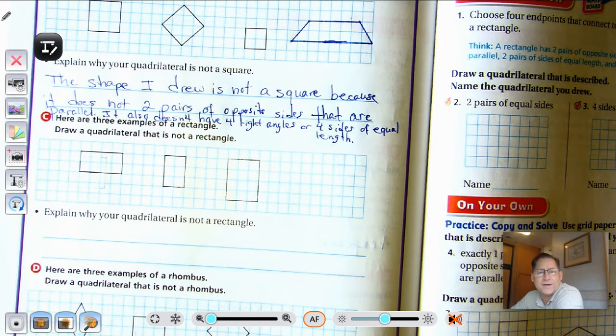All right, here are three examples of a rectangle. Draw a quadrilateral that is not a rectangle.